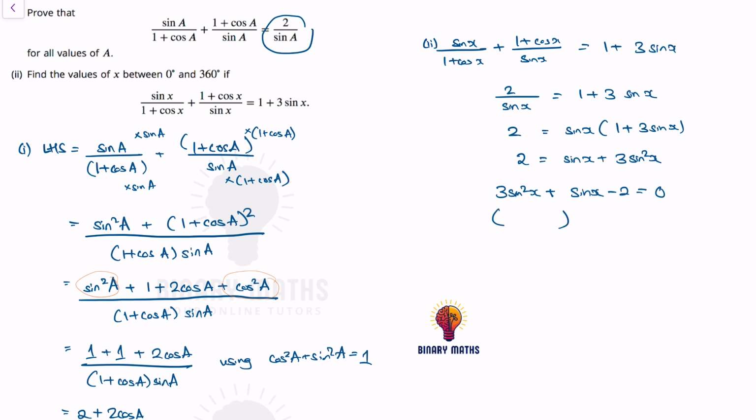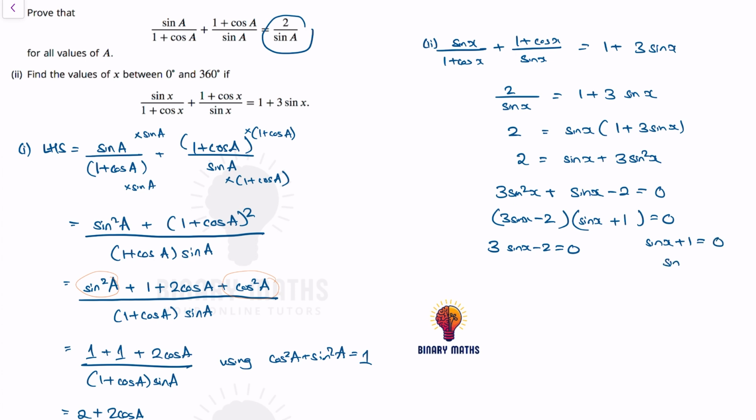If I factorize this, I get 3 sine x and sine x, with a plus 1 here and a minus 2 here, which means either 3 sine x minus 2 equals 0 or sine x plus 1 equals 0.